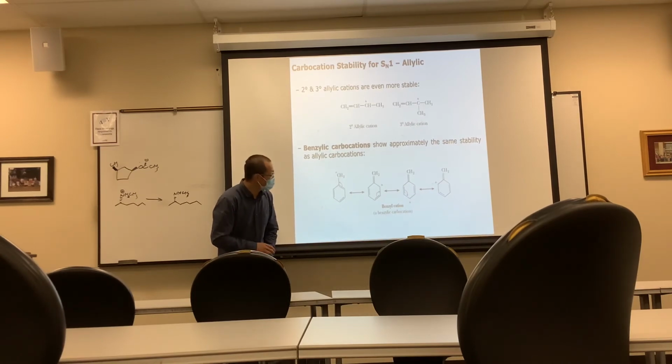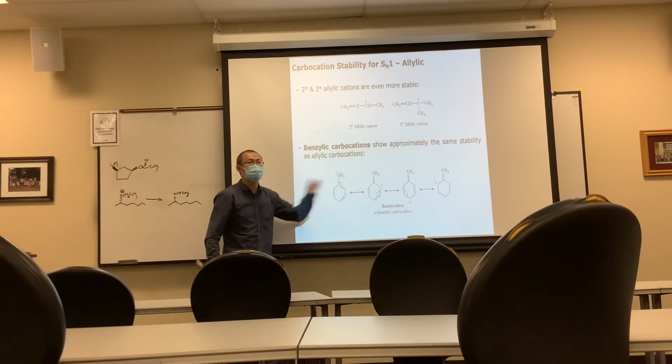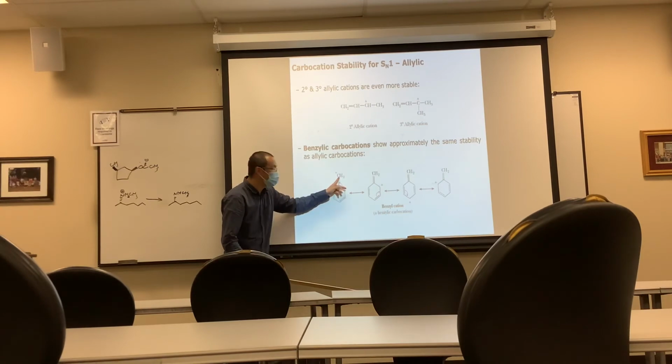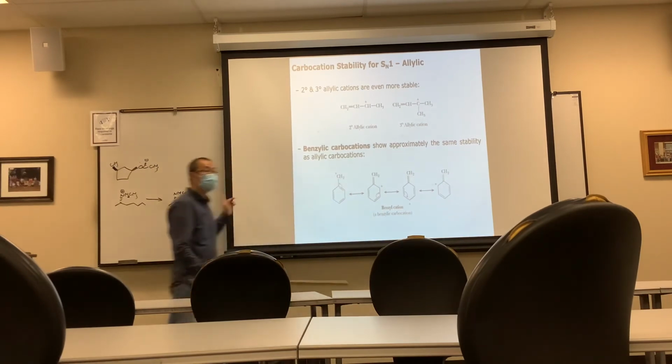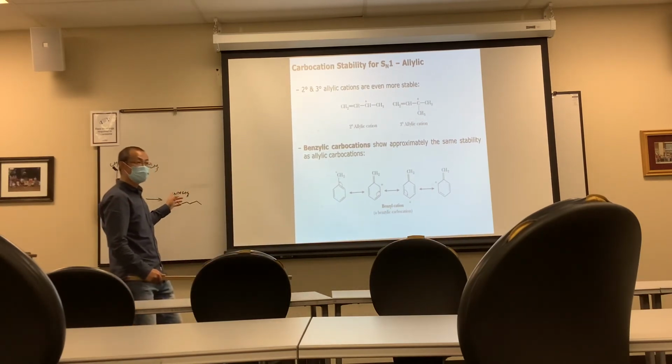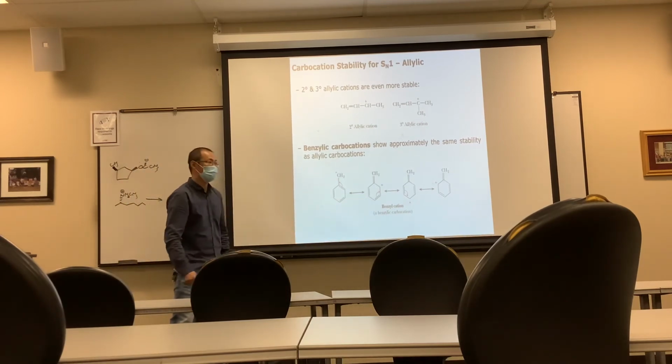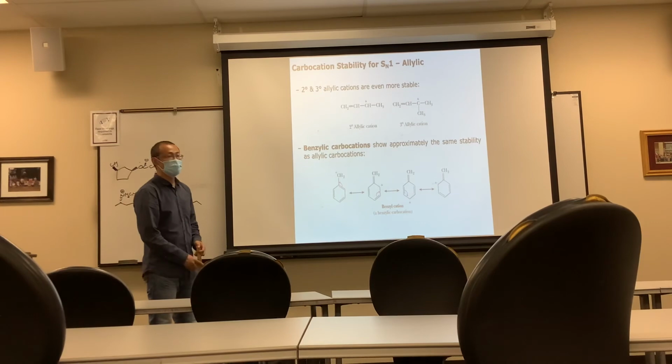It is stabilized by resonance as well. Take a look. I don't want to draw here because that's not particularly the topic for chemical theory, but I want to show you why the benzylic is stable. Remember I showed you here, asked you to put it down? Benzylic with the carbon next to benzene ring. Take a look. Why is stable? Because the carbon positive charge can be delocalized.